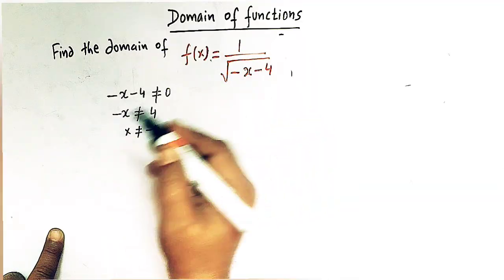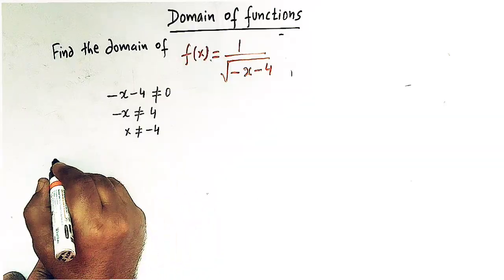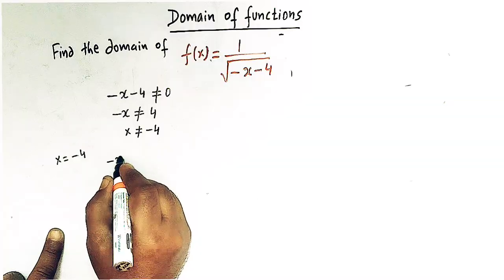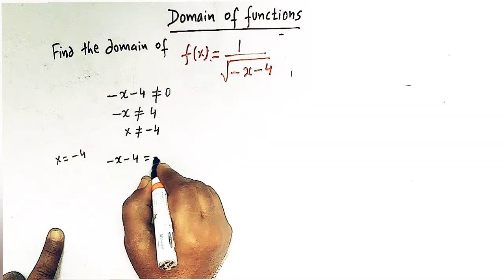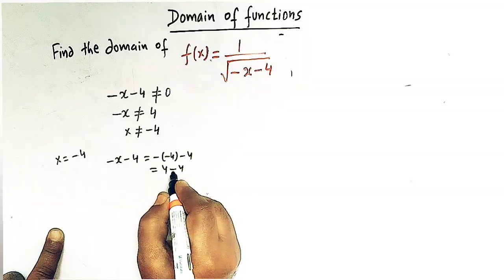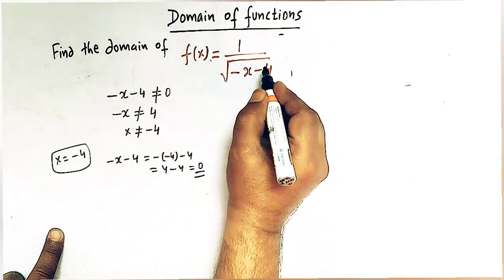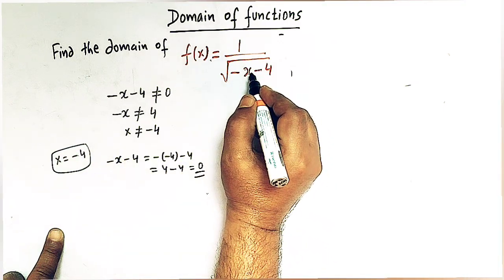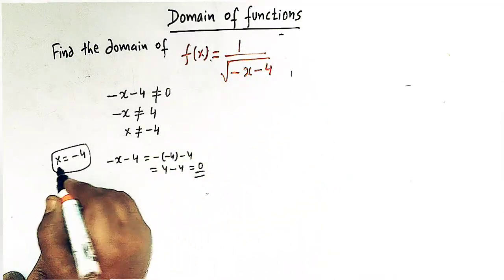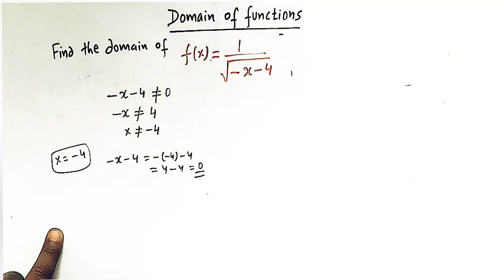So the first condition is that x should not be equal to minus 4, because when x is equal to minus 4, then this expression, that is minus x minus 4, becomes minus 4 minus 4, and here we have plus 4 and minus 4, that is equal to 0. So when x is equal to minus 4, then the denominator reduces to 0, right? And it is an indeterminate form. So we have to discard x is equal to minus 4 from the set of real numbers, right?